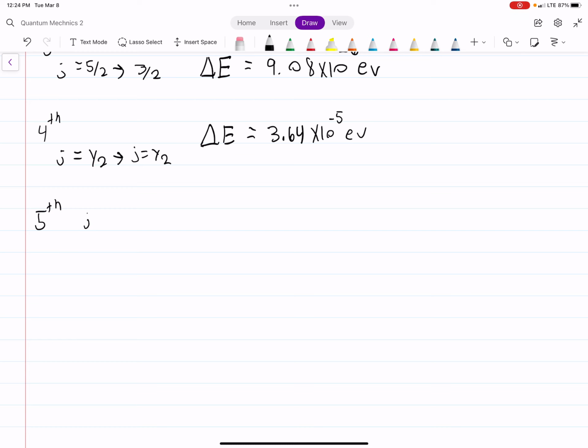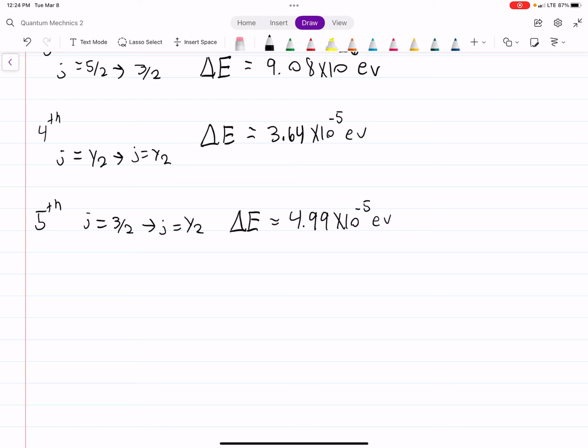For the fifth one, again, J goes from 3/2 to 1/2, and we're finding that energy change there, which is 4.99 times 10 to the negative 5 electron volts.